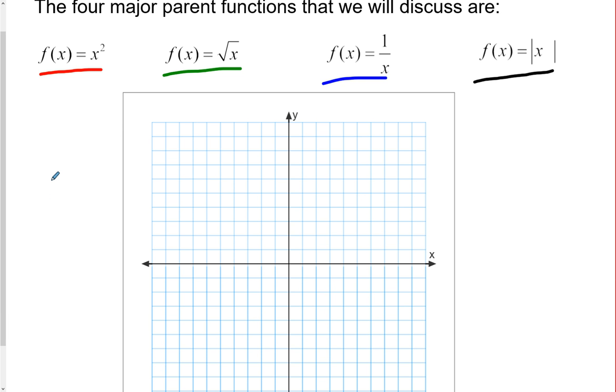Our parent functions. Now, we will usually use Desmos to sketch these. I'm going to go to Desmos for a moment and share those with you, and then we'll talk about how we might use those. So let me see if I can find a Desmos here.